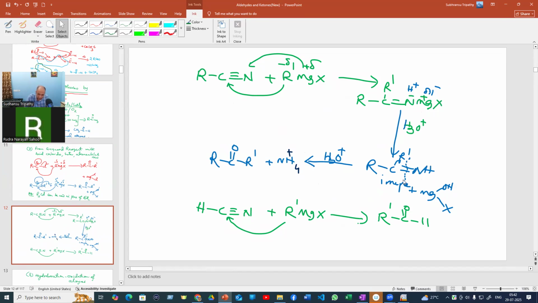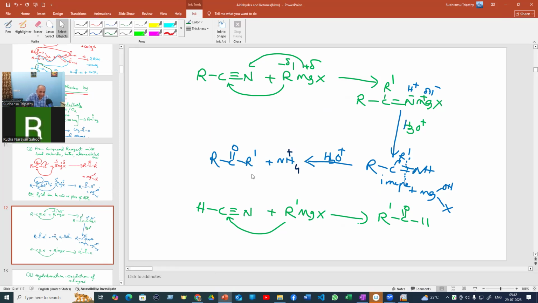I'm not showing that, and O will be attached here, so it will be ketone. So cyanide, ester, and acid chloride, all three will produce ketone with an organometallic compound like Grignard reagent or dialkyl cadmium.